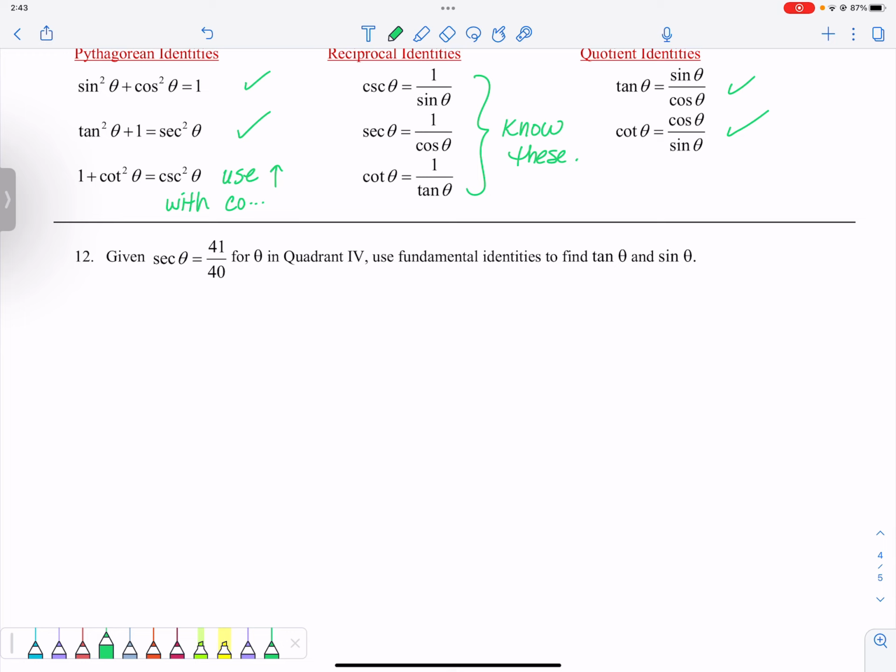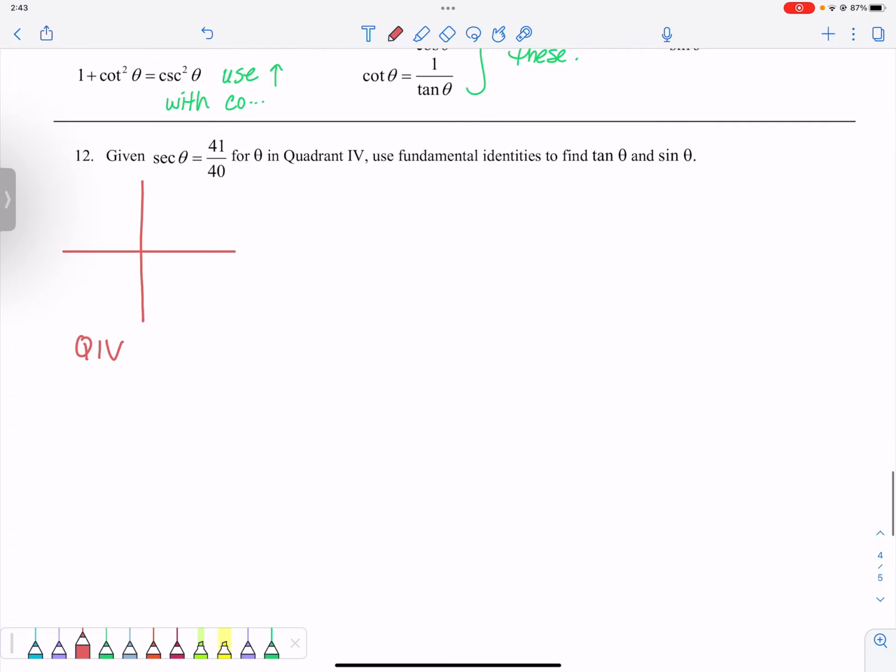So it's a good idea to go ahead and get this written. And we know we're going to be in quadrant 4. Now, in quadrant 4, if we have the secant of theta equals 41 over 40, we're going to have to now solve for the tangent of theta first, okay?